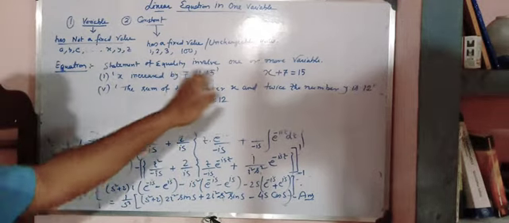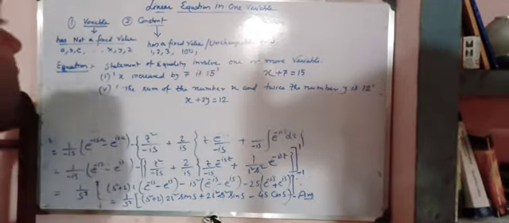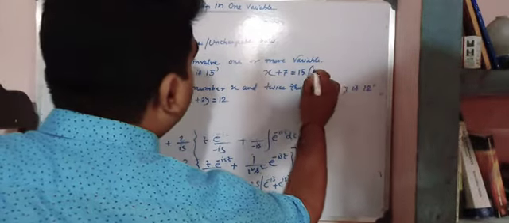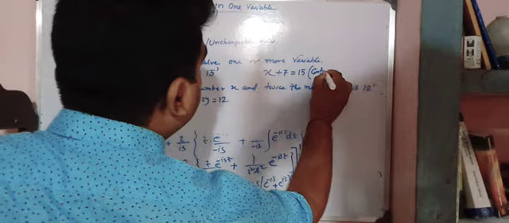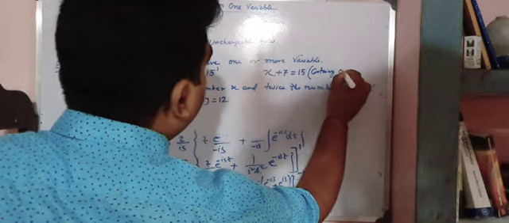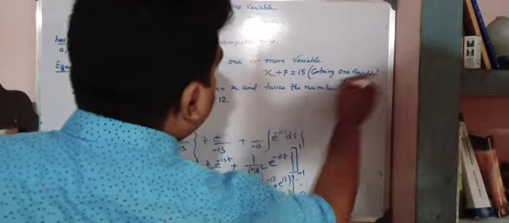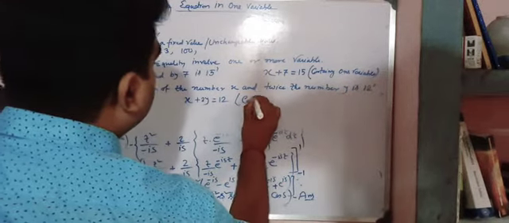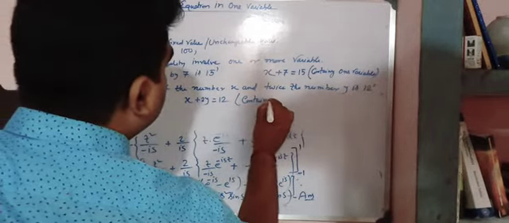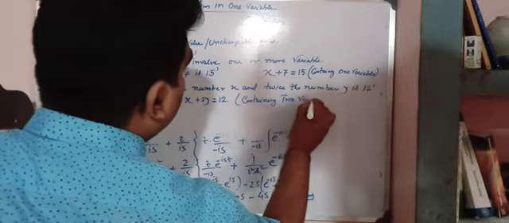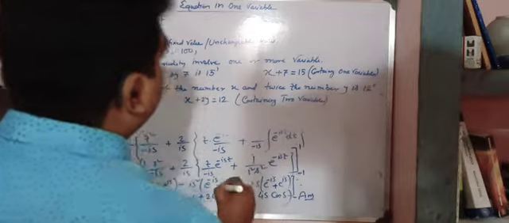This is a linear equation and this is also a linear equation, but the difference is that this one contains one variable and that one contains two variables.